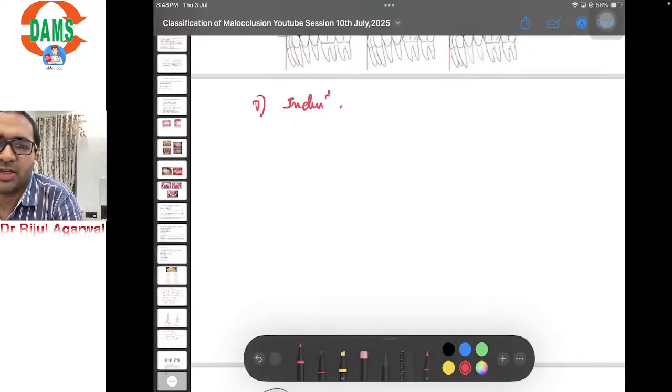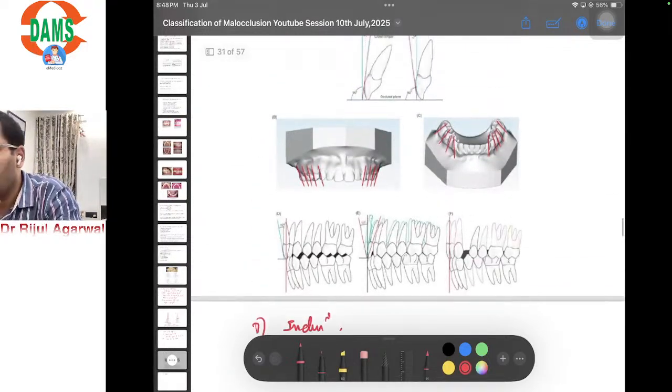Inclination is generally seen in the labiolingual or buccolingual direction, that is, inclination when we see it from the mesial or distal surface. Again for the inclination angle we require two lines.